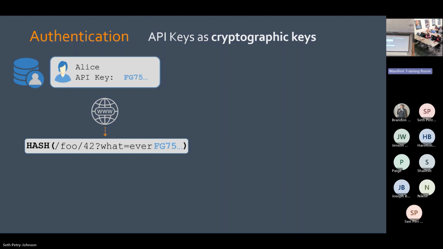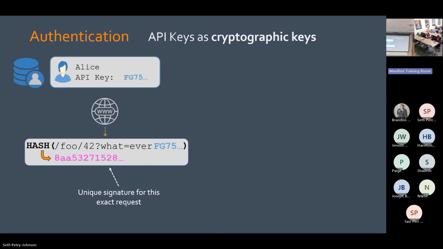The client then runs that string through a hashing function, which results in a unique signature for the request. And again, that is unique because a hash function always returns a unique output for a unique input. No other approach will generate this exact string unless it's this URL plus that API key.